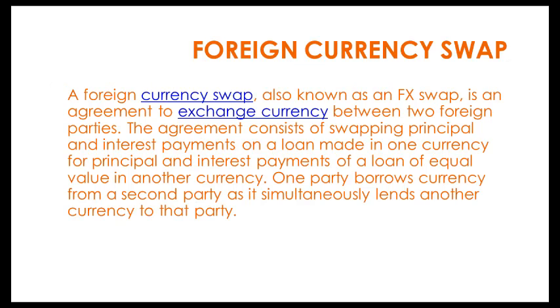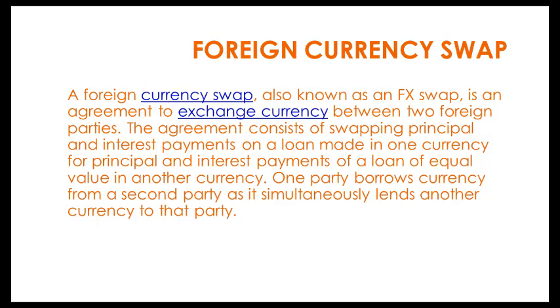Foreign currency swap, also known as an FX swap, is an agreement to exchange currency between two foreign parties. The agreement consists of swapping principal and interest payments on a loan made in one currency for principal and interest payments of a loan of equal value in another currency.